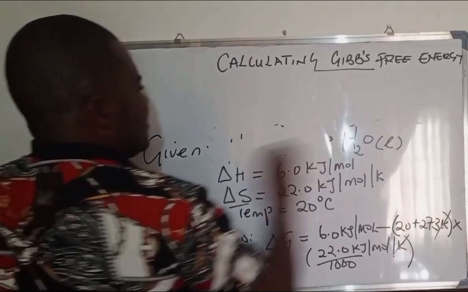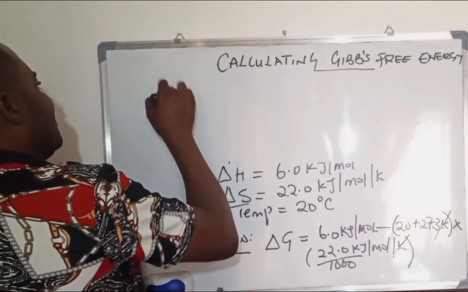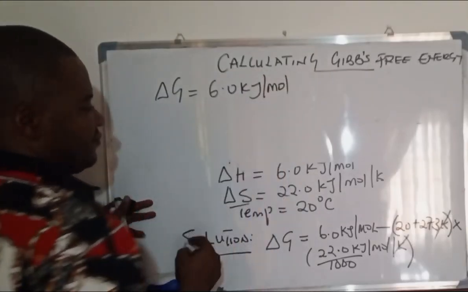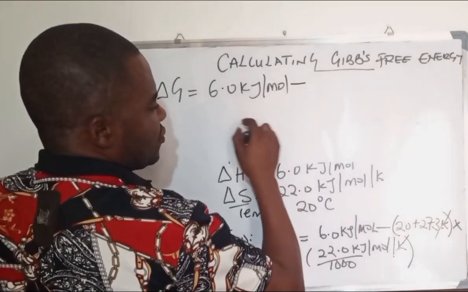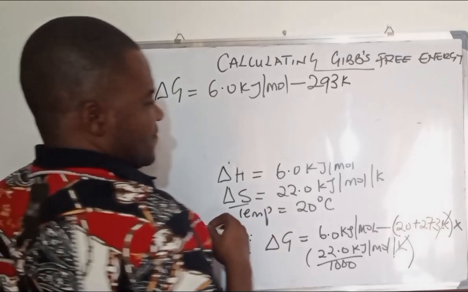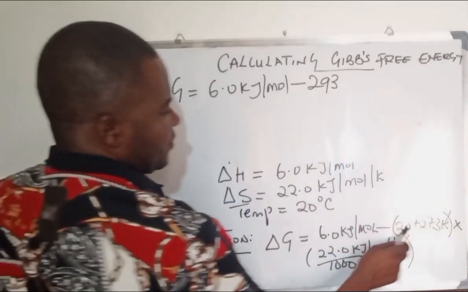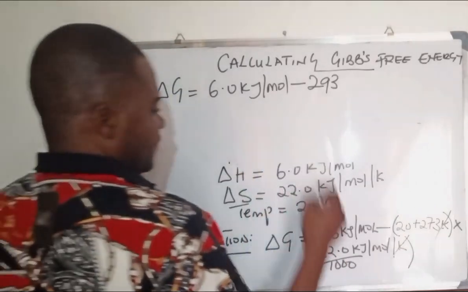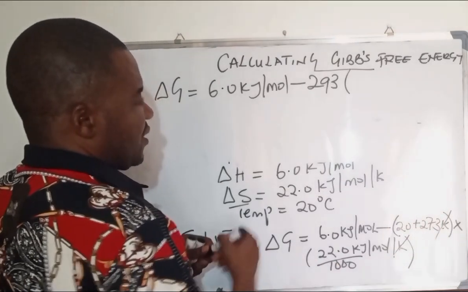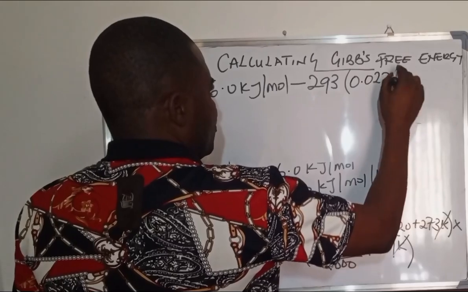So from here we'll have that delta G is equal to 6.0 kilojoule per mole minus 293 Kelvin, since 20 plus 273 gives us 293 Kelvin, and the Kelvin cancels out. Then we multiply this by 22 divided by 1000, which gives 0.022 kilojoule per mole.